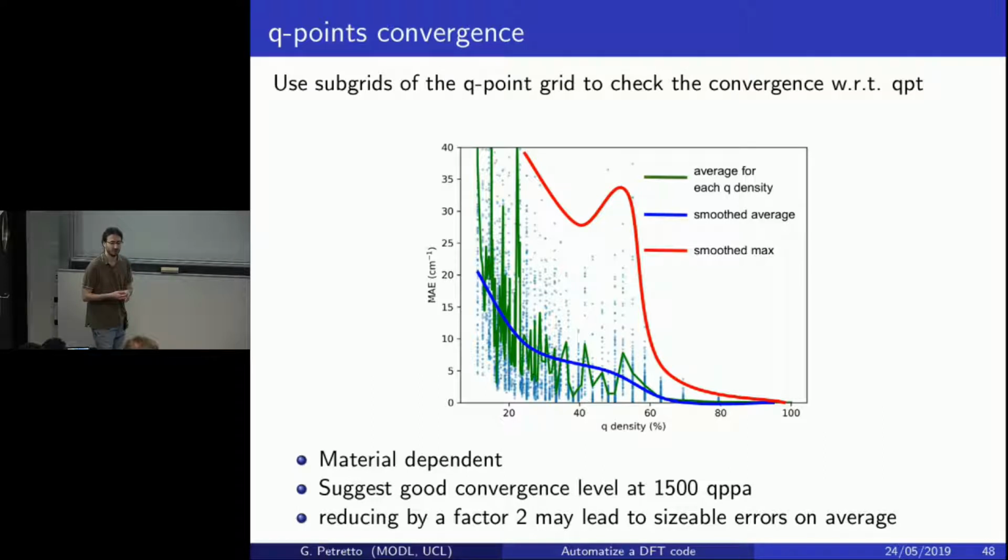There was some discussion in our group, saying your calculations are too well converged and we can use half of the Q points that you claim, but basically not. So we made all this kind of study to say that we actually think we did a decent job in selecting the parameters.